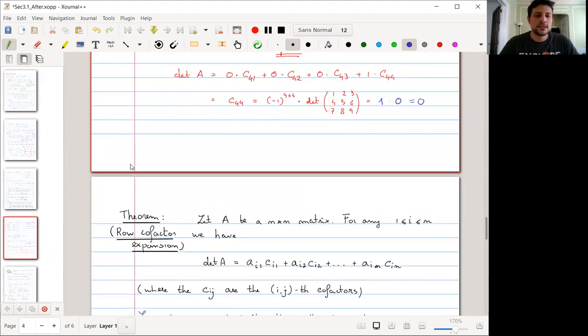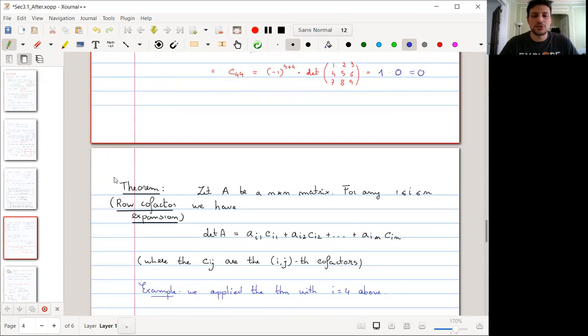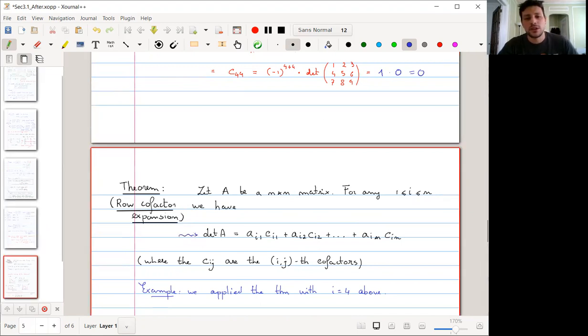That is the last thing that I want to mention in this video. In fact, we can have cofactor expansions following any of the rows. The definition we gave above was with the first row, but it actually works with any one. And that's what this formula here is telling us. We don't have to expand along the first row, which would have been A11 C11 plus A12 C12, and so on, up to A1n C1n.